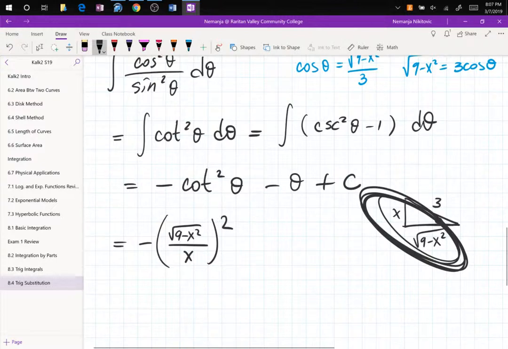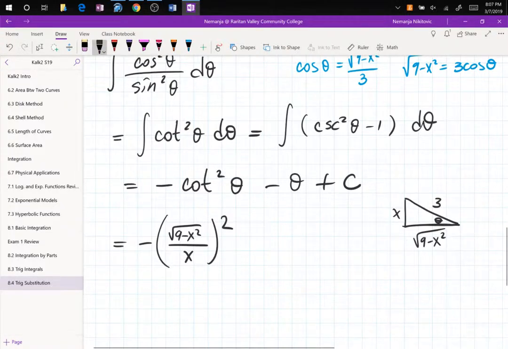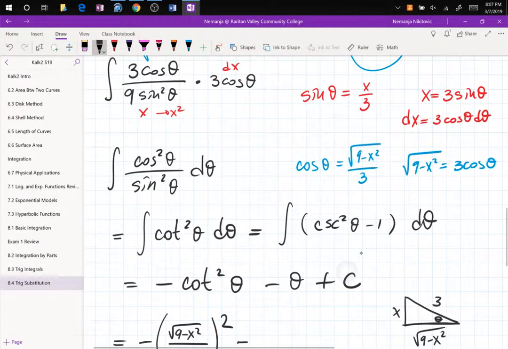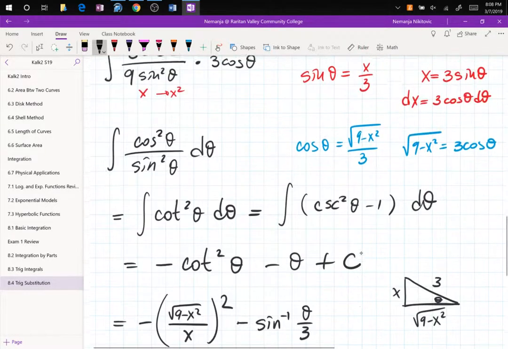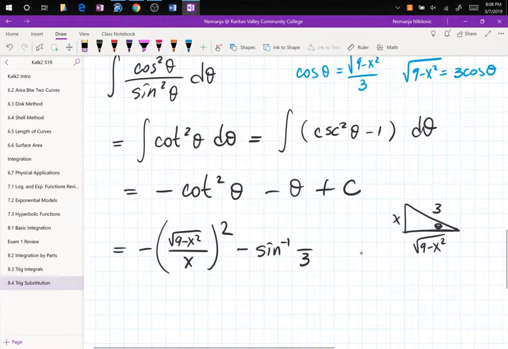For theta, we can just use the inverse sine: sine inverse of x over 3, plus c.